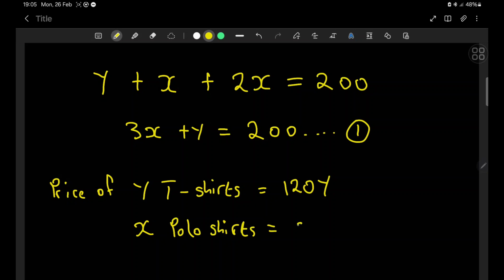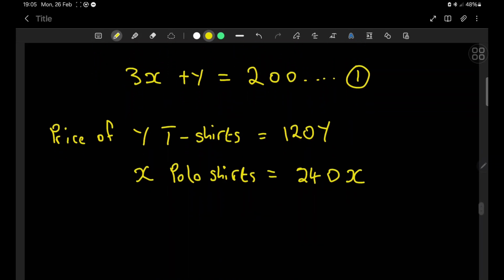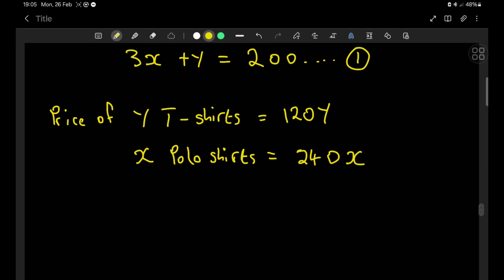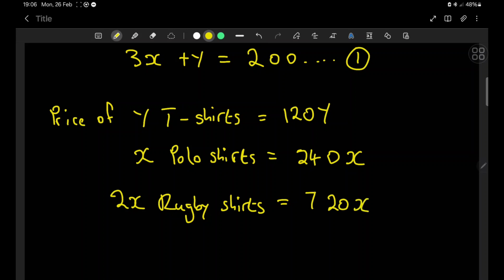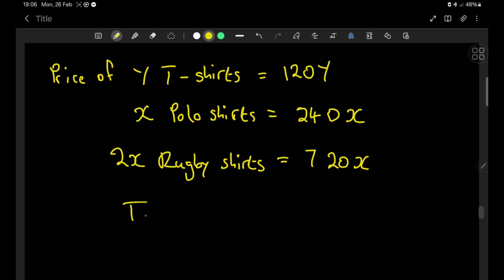This will be equal to 240, remember the price is 240 for the polo shirts, 240x. And finally, we have 2x of rugby shirts. Remember the price for rugby shirts is 360, so 2 by 360 will give us 720, 720x.